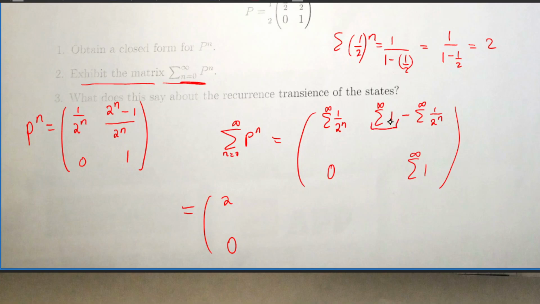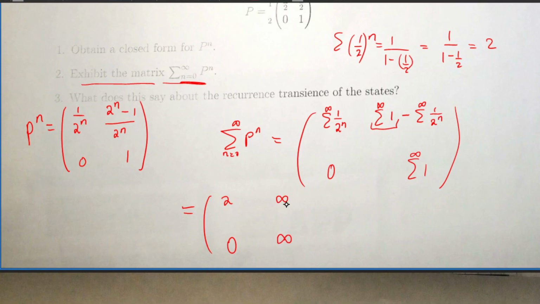This diverges because you're summing ones to infinity. So summing ones to infinity is like summing all the infinity points. This one converges and this one diverges. Summing them together, you're going to have divergence. Then here we're going to have infinity.